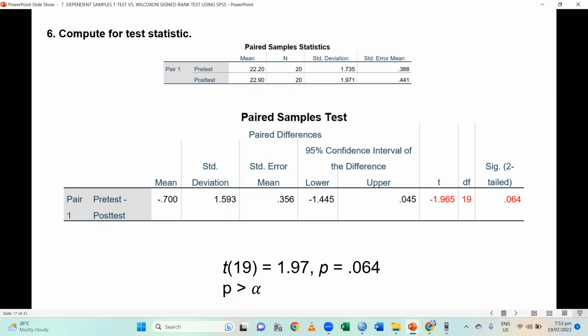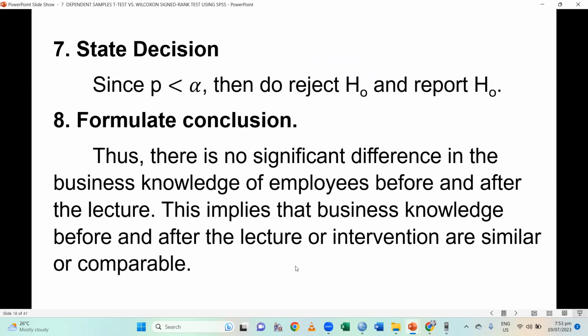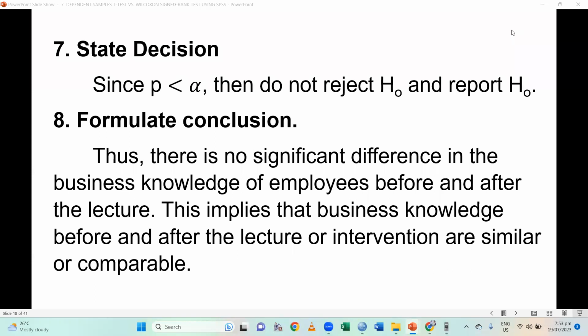Now, the question is, should we reject H0 or not reject H0? Come again, Doc. Should we reject H0 or not reject H0? Not reject, po. Okay. So since p is greater than alpha, do not reject H0 and report H0.